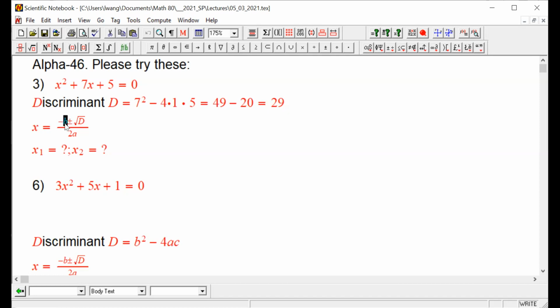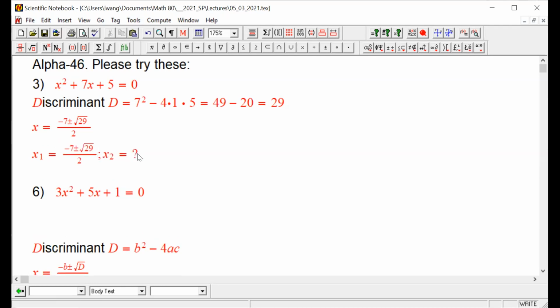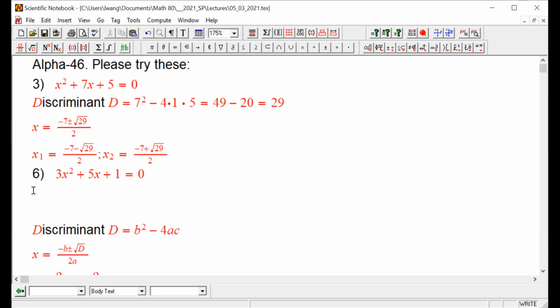So this is -7, and this is 29, and A is 1 there. Then the answer would be these two numbers, and you choose one with negative and the other with positive, or vice versa, any way you want.